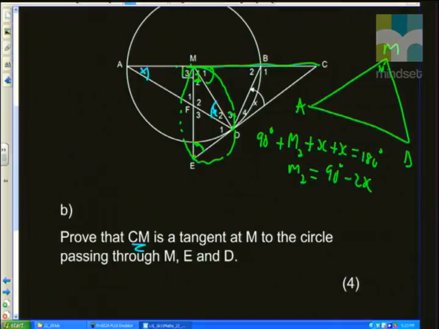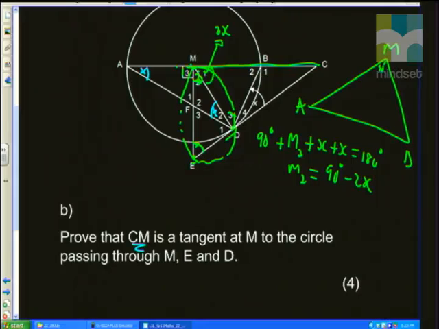Okay, so we've worked out this, right? That is 90 degrees minus 2X. Now, that angle, because now these are angles on a straight line, all right? So it will be 90 plus 90 minus 2X plus the unknown, so we get 2X there, okay? So now, we need to work out this angle here, right? So we have, now remember, MD is a radius.